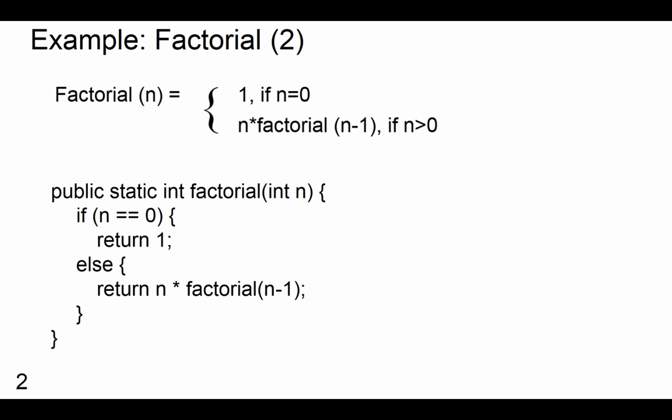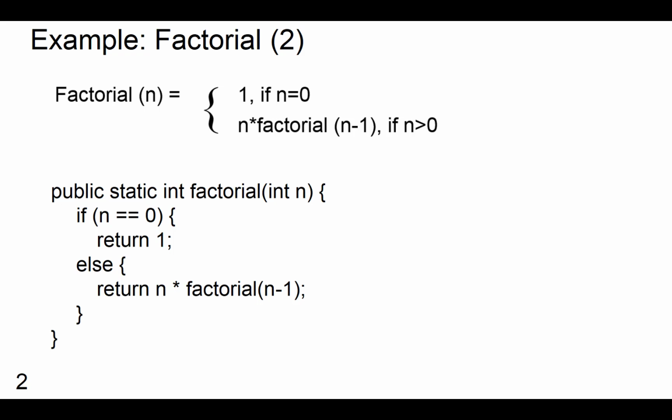So we can write the factorial n recursive method as follows. The return type should be integer. The method name we call FACT, for factorial. For all recursive methods, we need a parameter. The parameter is used to control the size of the problem.